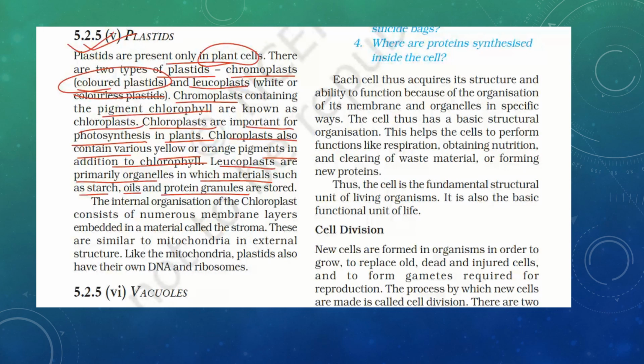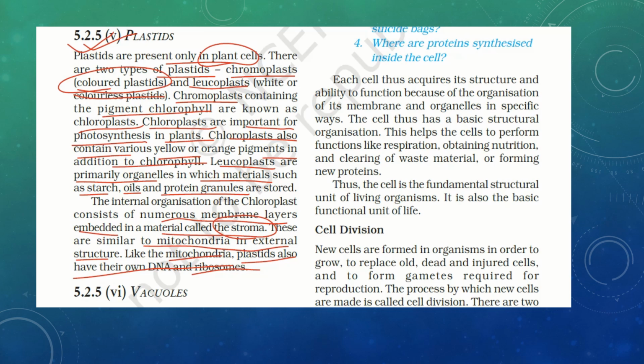Now, the internal organization of the chloroplast. Chloroplasts contain numerous membrane layers embedded in a material called the stroma, and they are similar to mitochondria in external structure. Like mitochondria, plastids also have their own DNA and ribosomes.